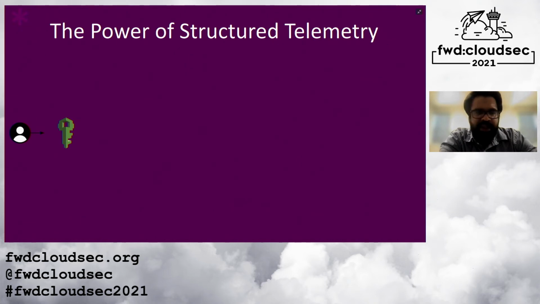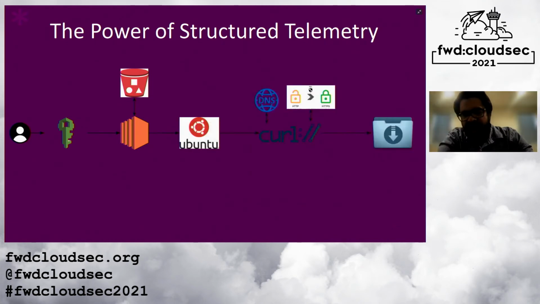What they do is they log into the AWS account, they use a trusted AMI to launch an EC2 instance, and it's an Ubuntu machine, right? And which in turn connects to an S3 bucket, which is holding sensitive data. So the EC2 instance has access to the sensitive data from the S3 bucket.